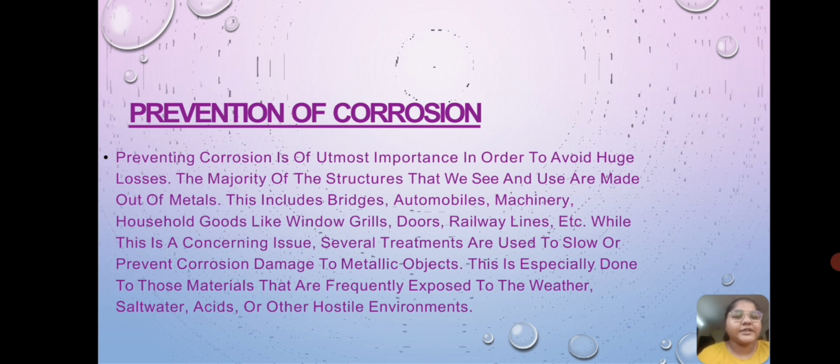Several treatments are used to slow or prevent corrosion damage to metallic objects. This is especially done for materials that are frequently exposed to the weather, salt water, acid, or other hostile environments.